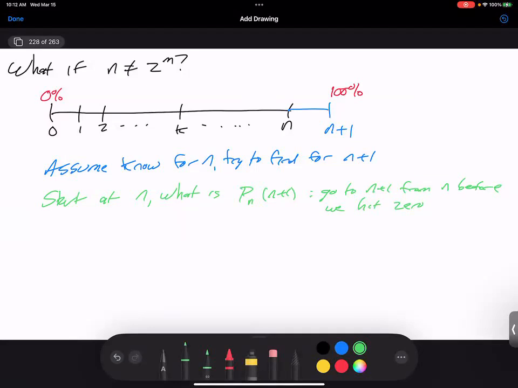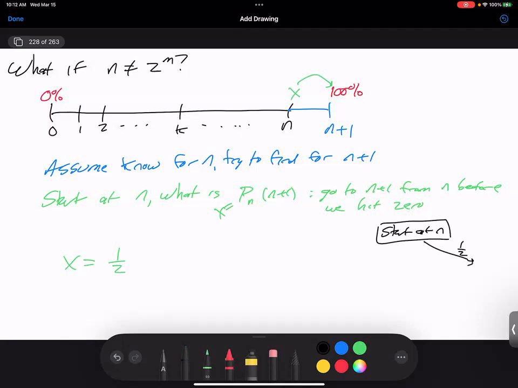First one goes in your direction. First one goes in my direction, right? So let's let this equal x, just so it's easier to write. So x would equal 1/2. That's the probability that I would get here. So if I draw my tree, I start at n.